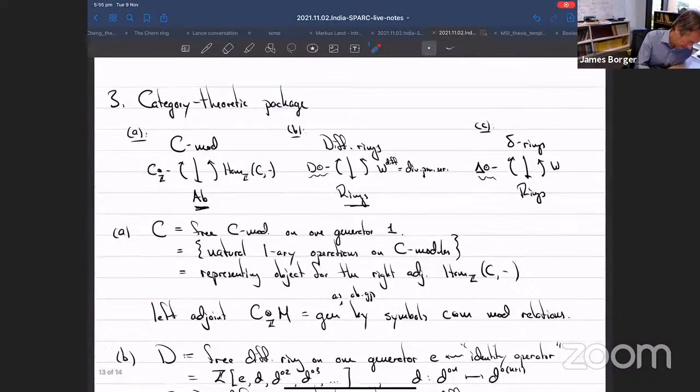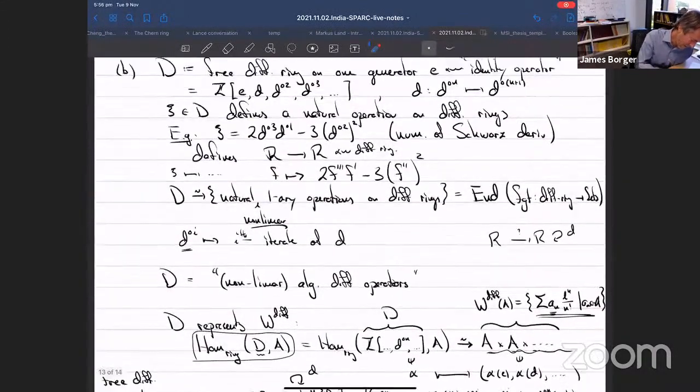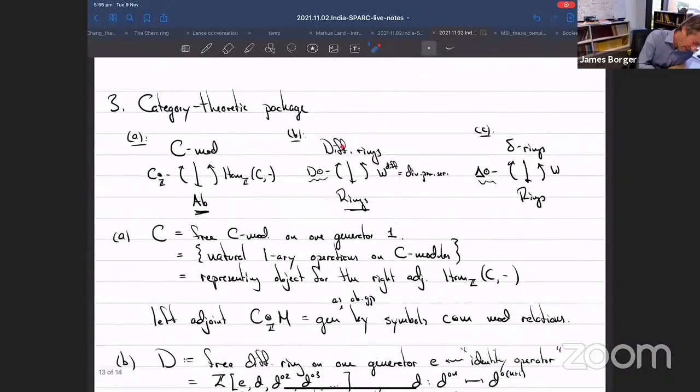Here we have a C, and here we don't have something that plays the role of C, but the point was to say that actually we do. It's the free object on one generator. So maybe we could say differential rings, or D rings, and then delta rings, which is why I call that delta. The point of that discussion was to introduce the object that plays the role analogous to C.